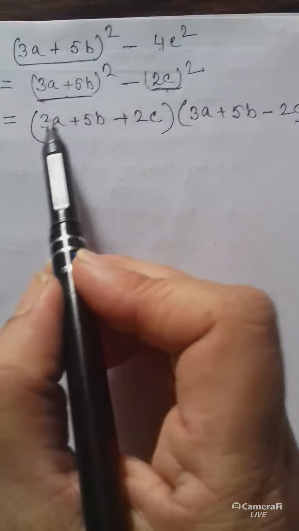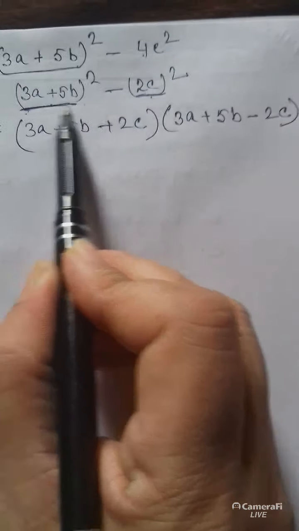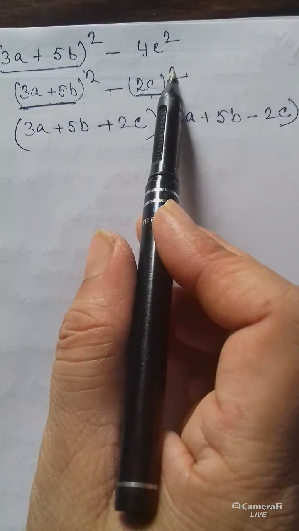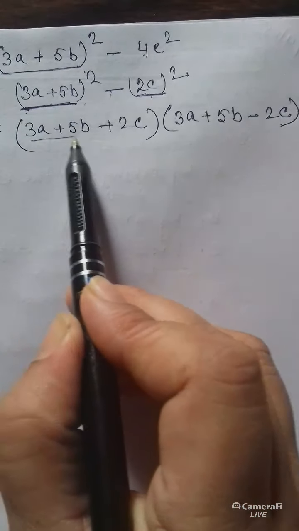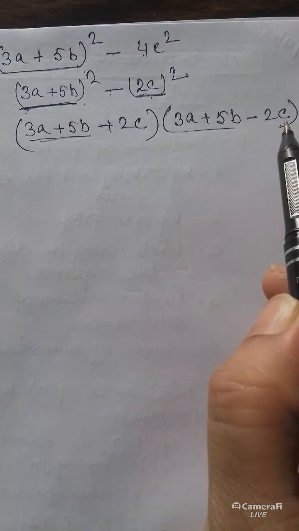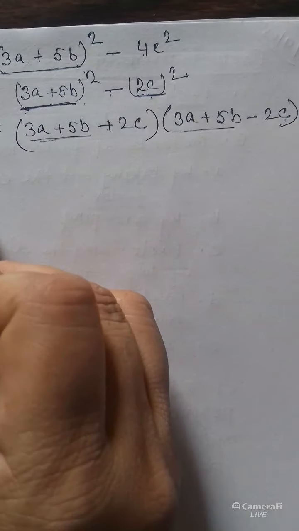Whatever number is in the bracket, this is total A. The formula is a plus b, a minus b. Okay, now next number.